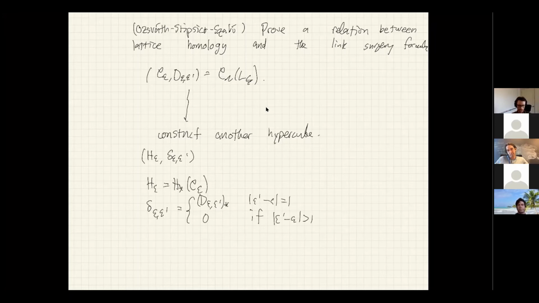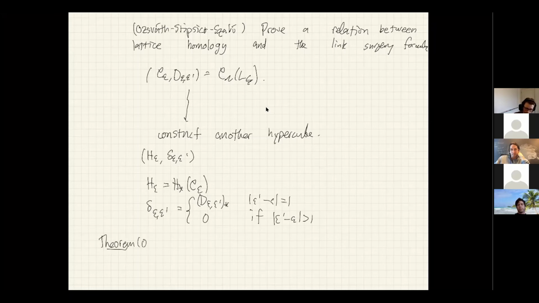So what they do is they construct a cube by taking the homology of the complex in the link surgery formula at each ε, and then they define cube maps, which are just the induced maps on homology for the length 1 arrows, and then they forget all of the higher arrows.